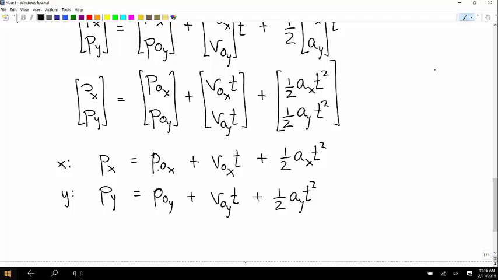I'm going to emphasize this, get it in your notes later on: none of what happens in the y direction is going to affect what happens in the x direction. None of what happens in the x direction is going to affect what happens in the y direction. Those two things are independent of each other.